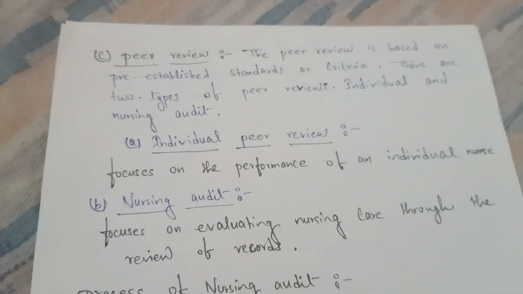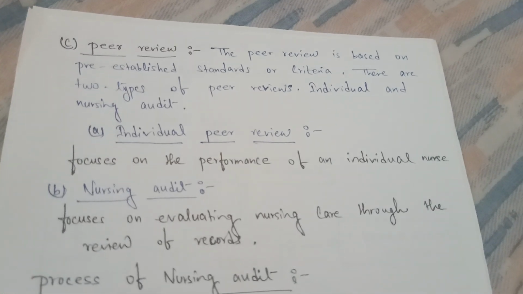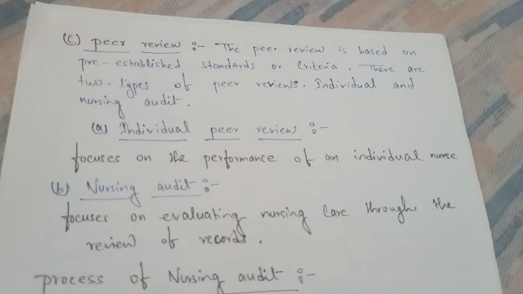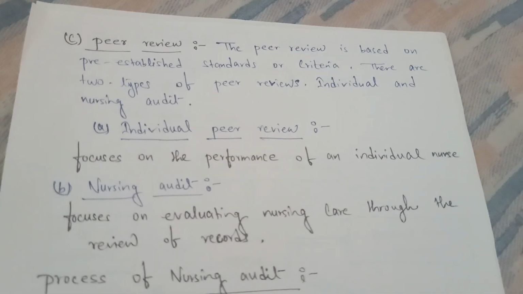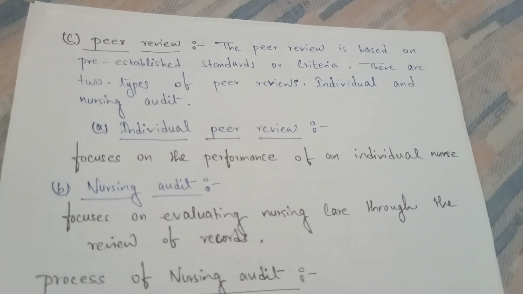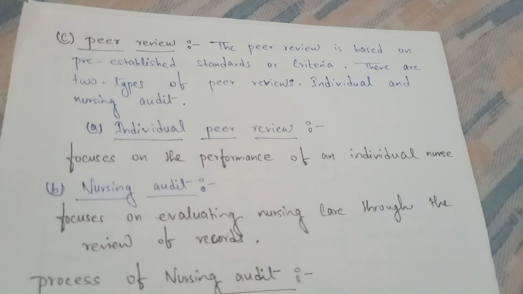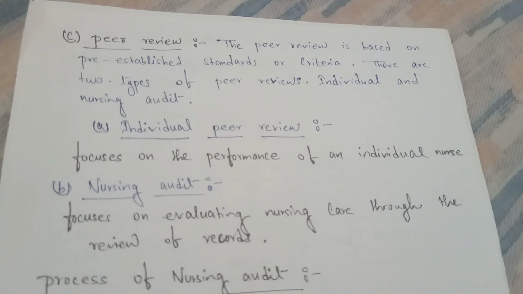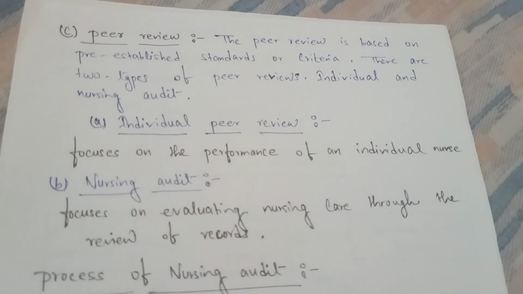Now next, the third one is peer review. So the peer review is based on pre-established standards or criteria. So there are certain standards or criteria, and based on this, we have to evaluate this method. There are two types of peer reviews: individual and nursing audit.